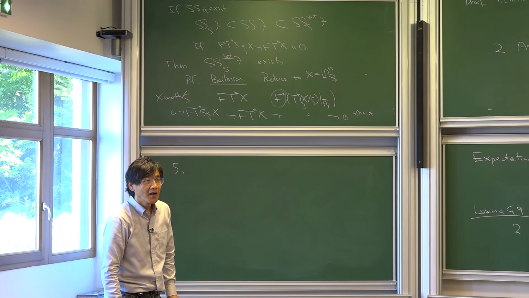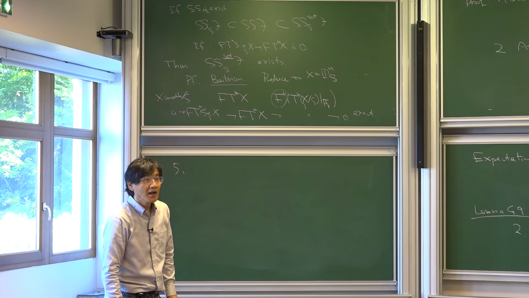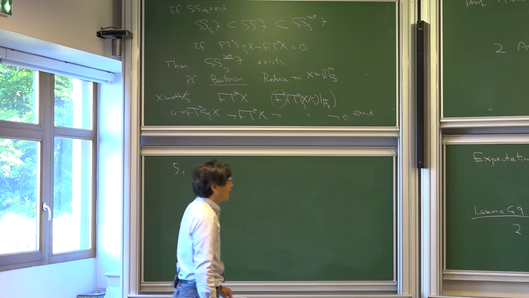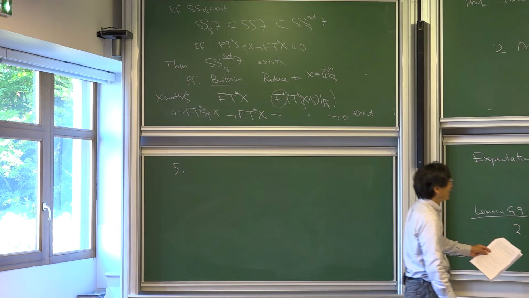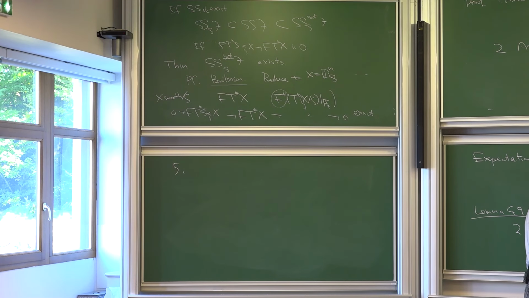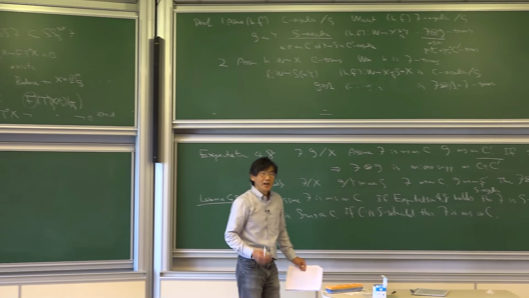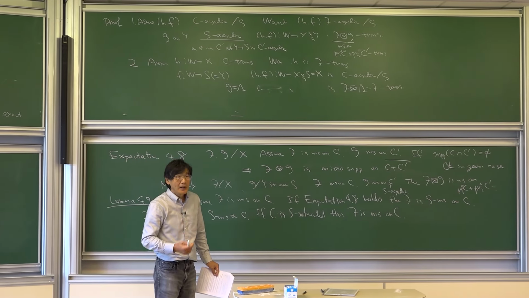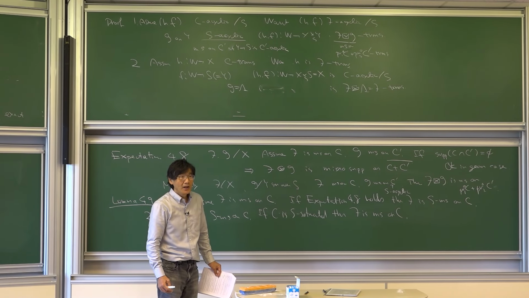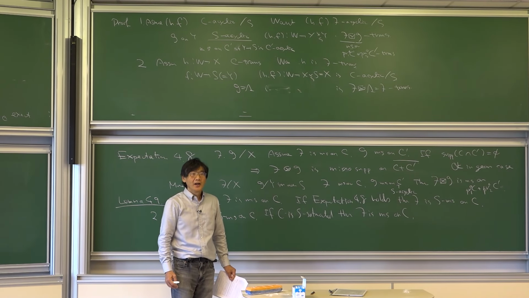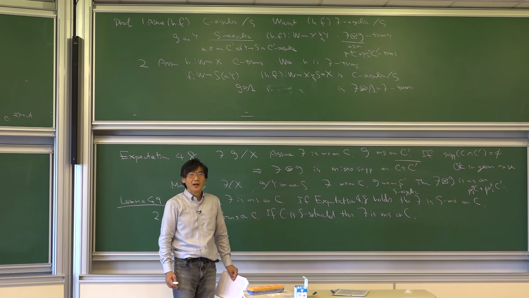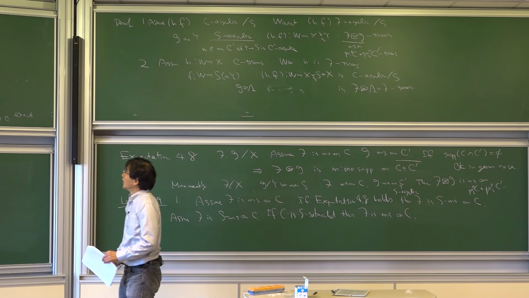You do it with S micro-supported, and in the lemma you need expectation 4.8. So this means that to prove that there is a smallest saturated conical subset on which F is micro-supported, you need some expectation 4.8, or not?